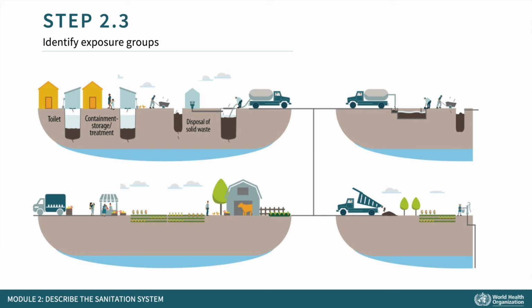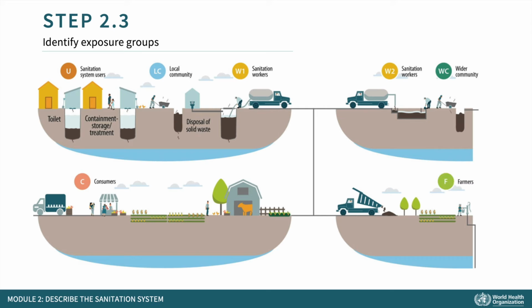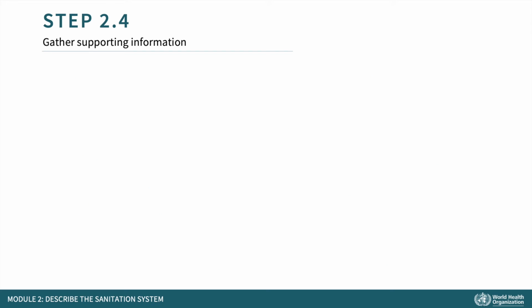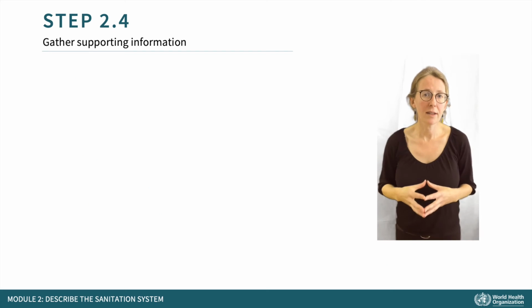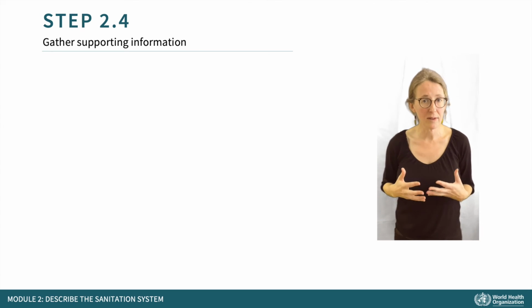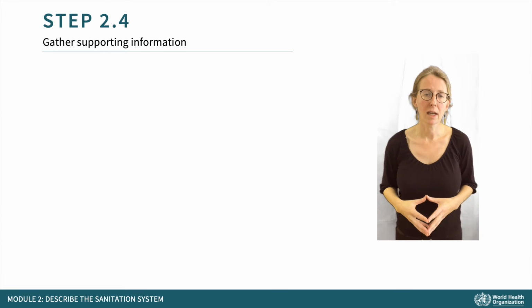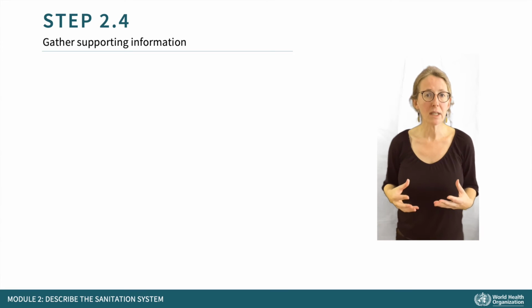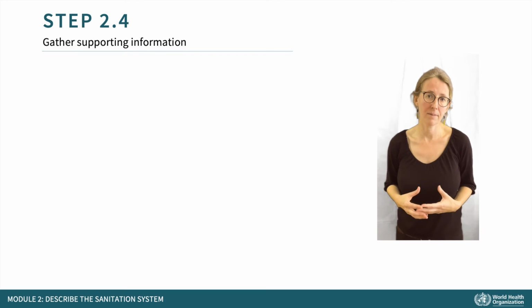In this example, you will notice the users, local communities, sanitation workers, the wider community, consumers, and farmers. Now the step to identify and characterize the system flows only tells you about the potential health hazards. In step 2.4, we need to gather evidence on what the real health hazards are.